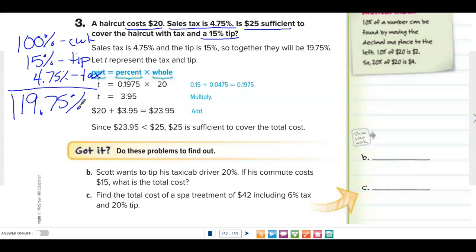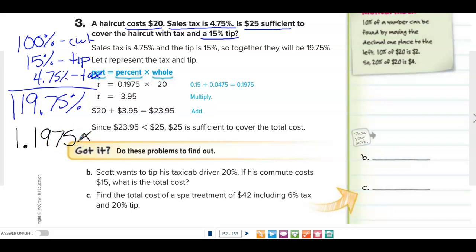Okay, so I need to change my percent into a decimal, and I get what? Ellie, what do you get for that percent when it's as a decimal? Good. And then I'm going to multiply it times the cost of my item.